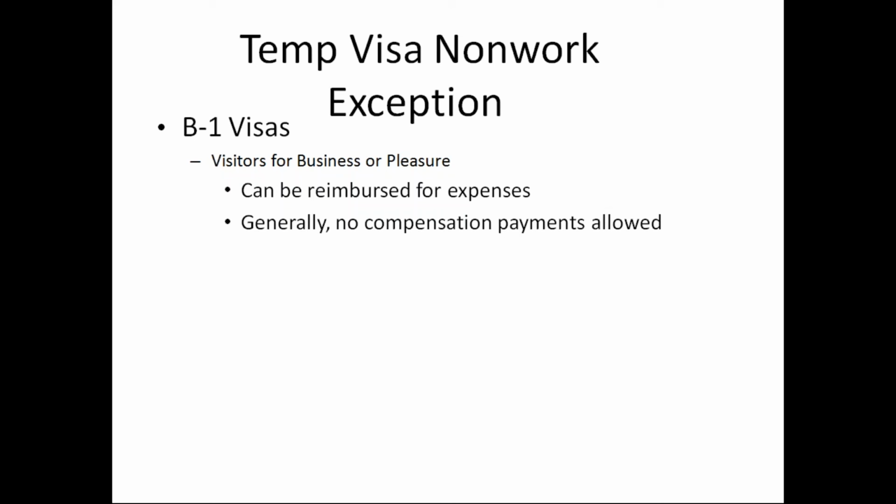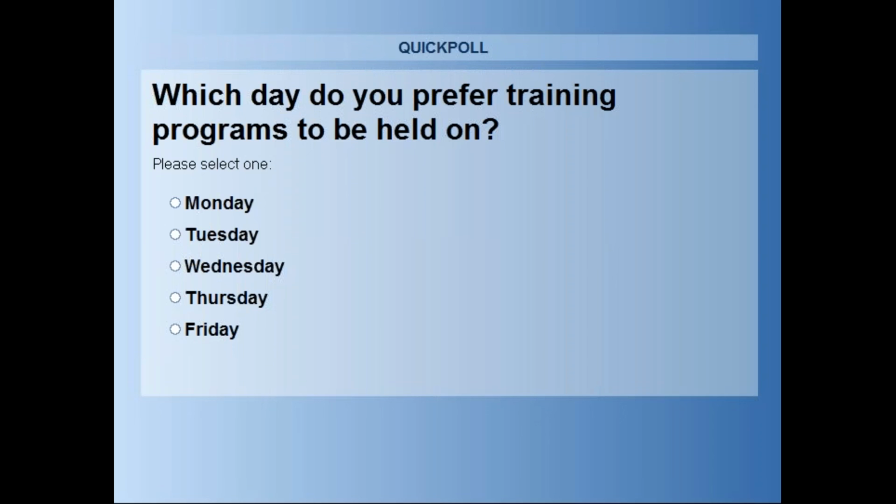You're obviously allowed to reimburse them for expenses, but you would not be paying them any compensation while they're here. That does not mean that they're not going to get compensation in their home country. It just means that they would get their compensation from their home country, not here in the United States. So I wanted to make sure I clarify that.